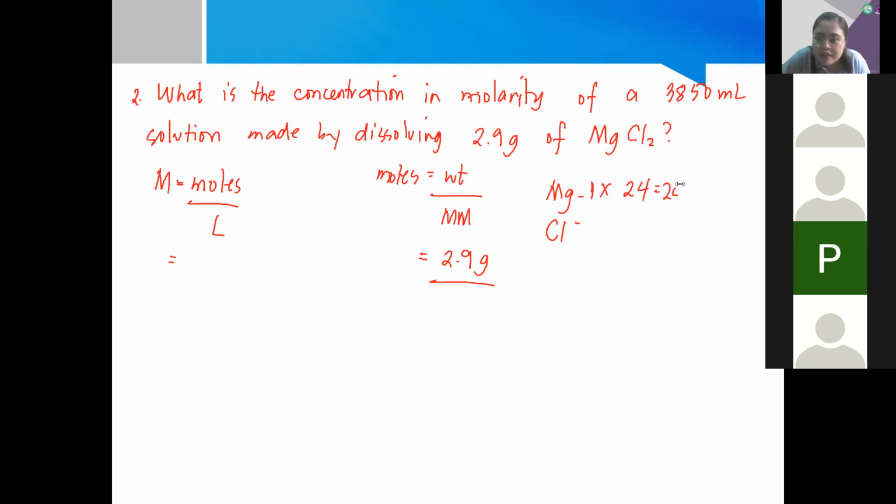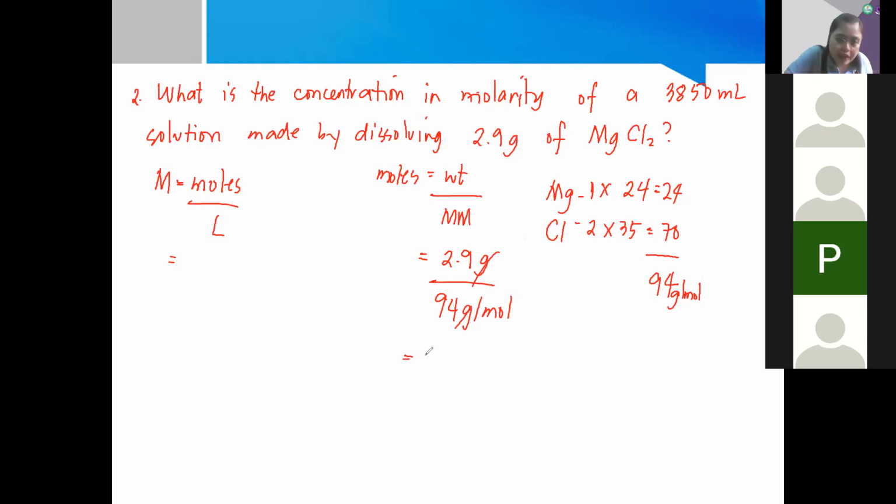So this is 24. And then this is 2 times 35. So this is 70. This is 94 grams per mole. 94 grams per mole. Cancel the grams.